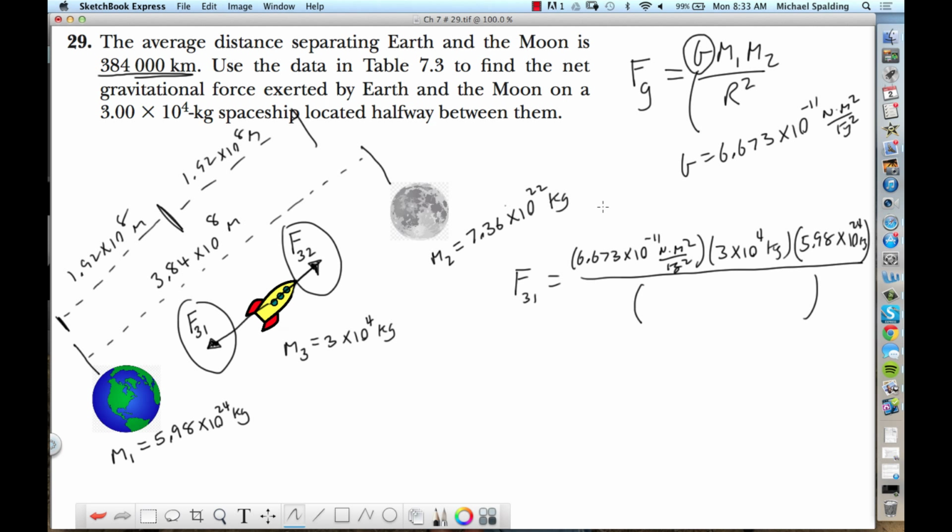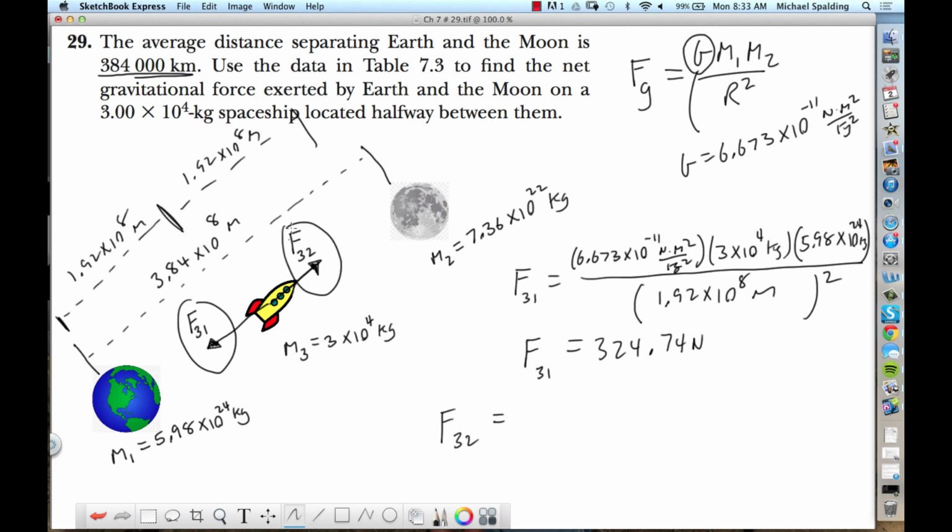We got to split that distance in half. So this would be 1.92 times 10 to the 8th meters. And make sure you square it. Guys, I cannot tell you how common it is for kids to get problems wrong because they forget to square. The distance of separation is squared. So F31 comes out to be 324.74 newtons.